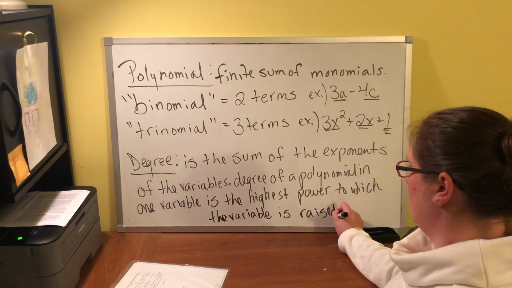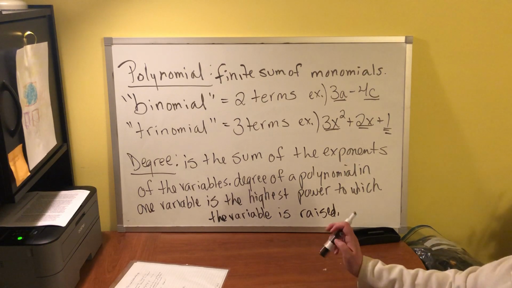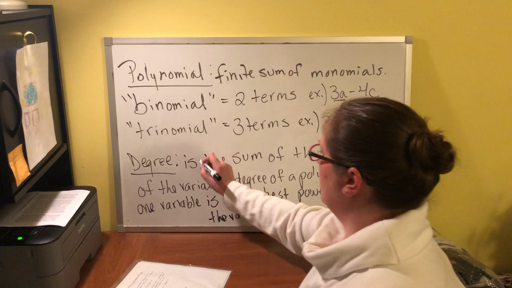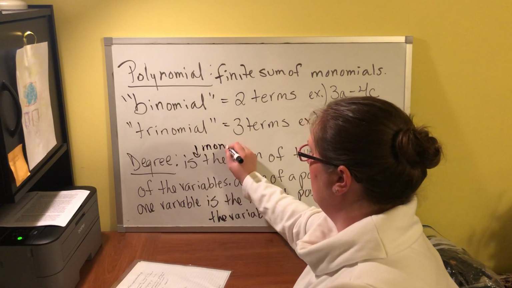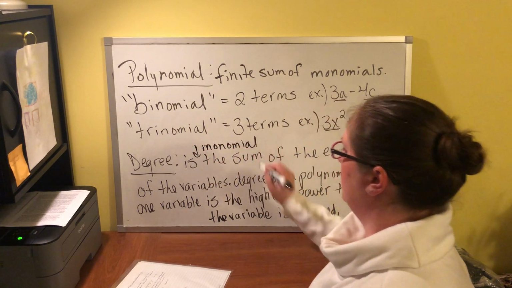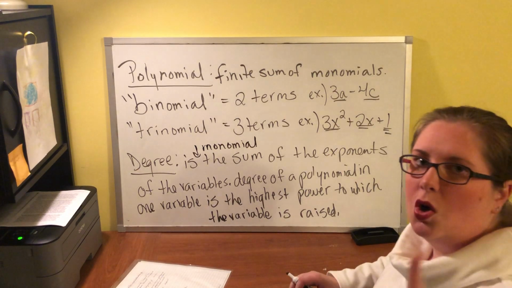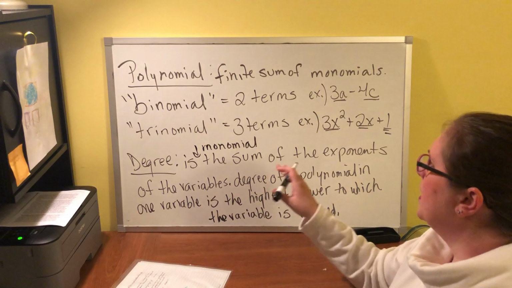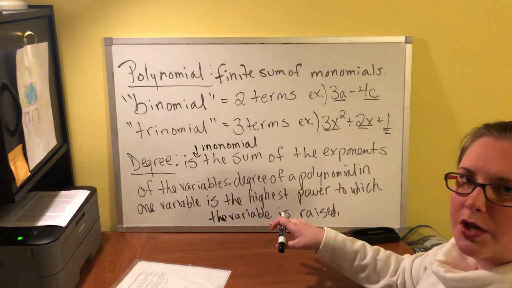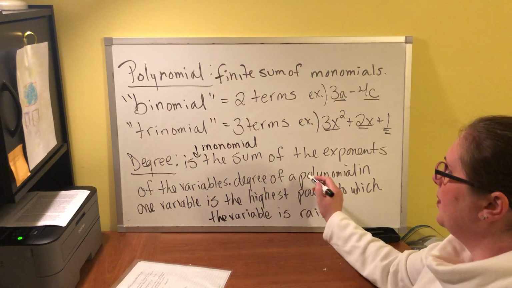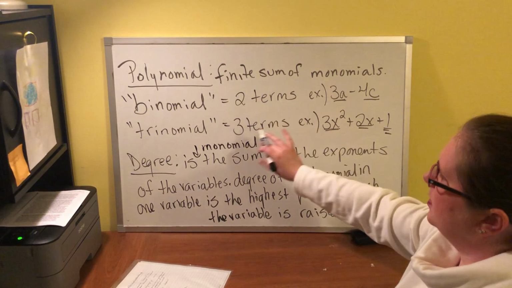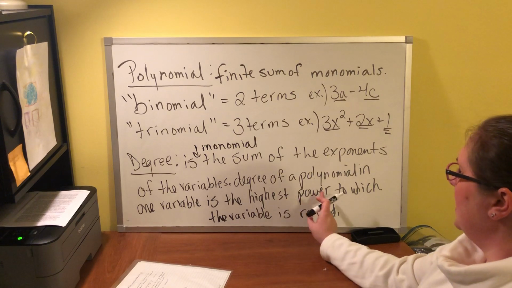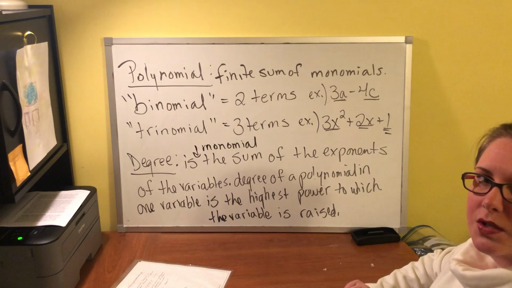This will make more sense once I do a couple examples, okay? So a degree, and this is of a monomial, so the first part is for a monomial. Okay, monomial, mono means one. So the degree of a monomial of one term is the sum of the exponents of the variables, okay? Now the degree of a polynomial, right, we dealt with polynomials up here, so when they have multiple terms in one variable is the highest power to which the variable is raised, okay?